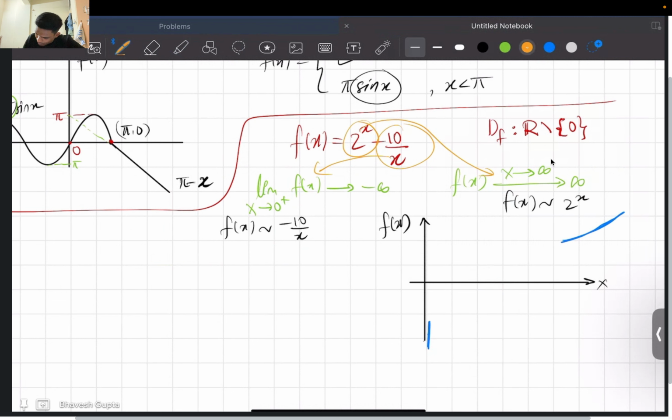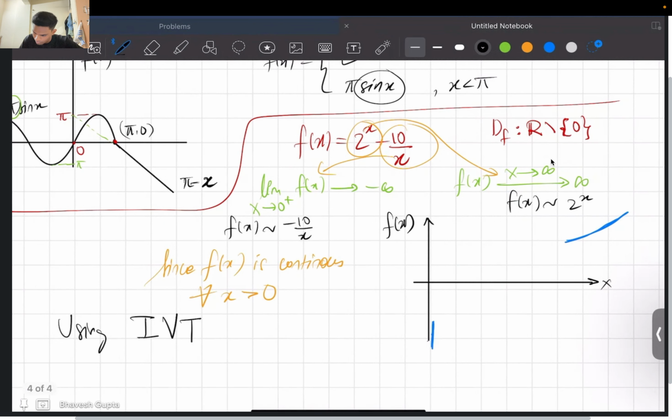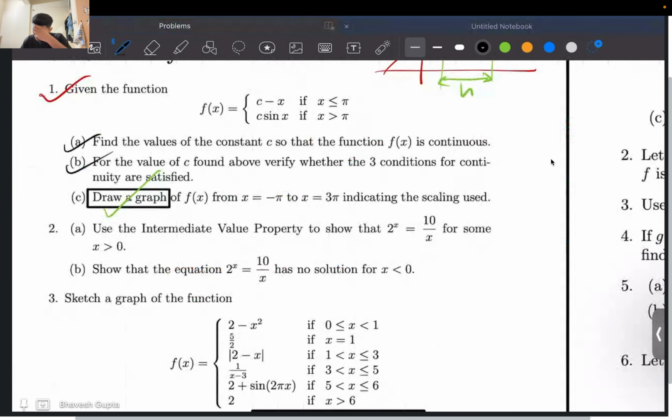And the important point is, since my f of x is continuous for all x greater than 0, now I will use the intermediate value theorem, IVT. I guess in this question paper they have called it the intermediate value property.